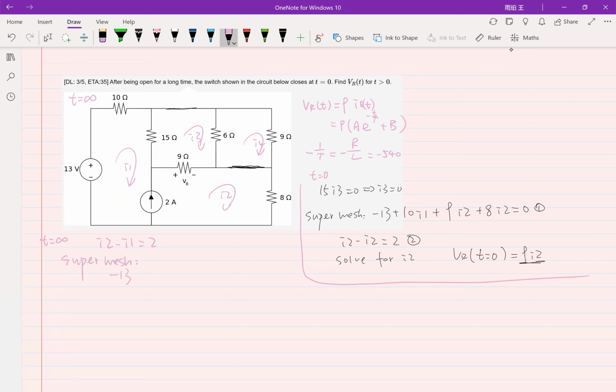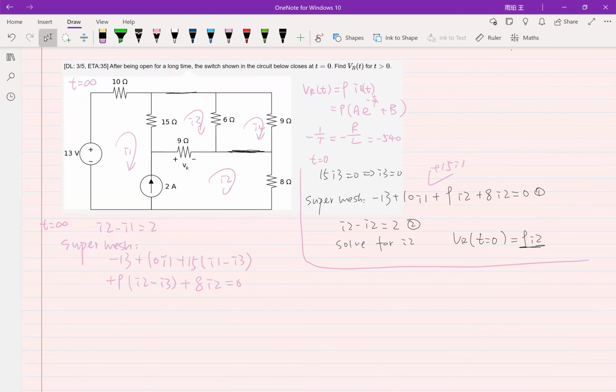Just negative 13 plus 10 I1 plus 15 (I1 minus I3). Oh, I think I might have left out a 15 I1 here. Okay, sorry about that. Plus 9 times (I2 minus I3) plus 8 I2 equals 0.